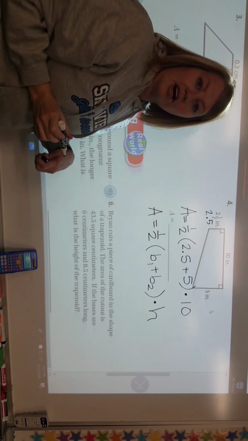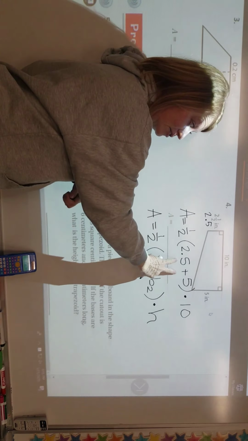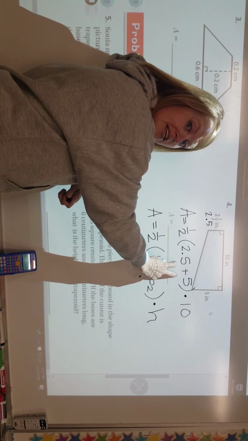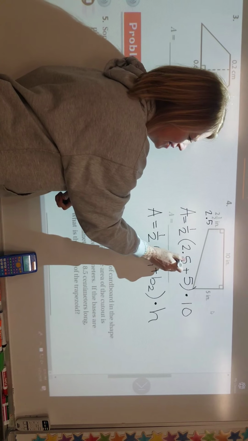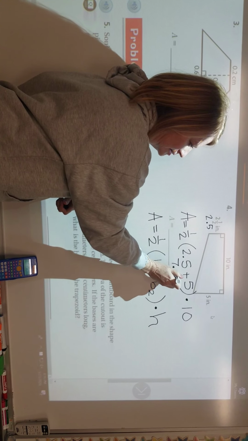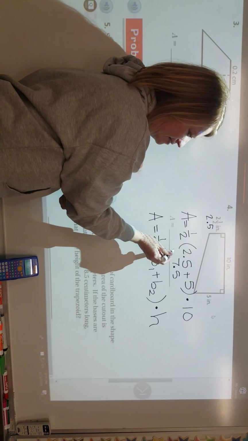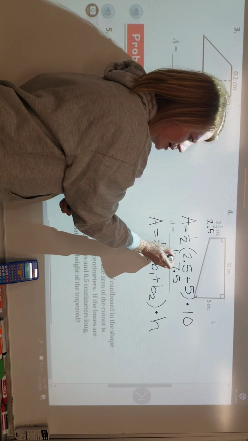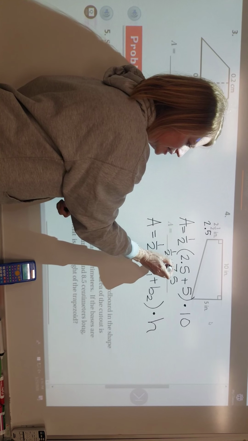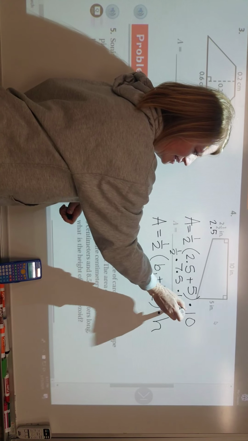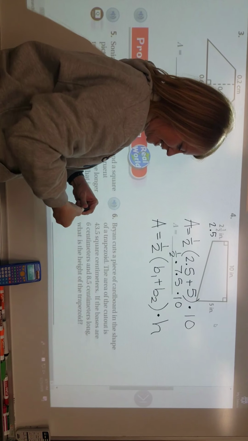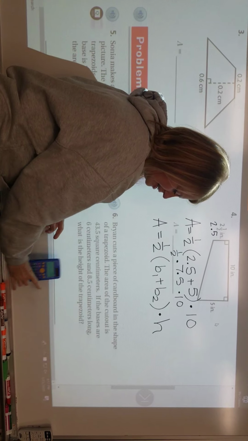Now, order of operations says we have to do what's in parentheses first. And 2.5 plus 5, I know that's 7.5. So now I have area equals 1/2 times 7.5 times 10.